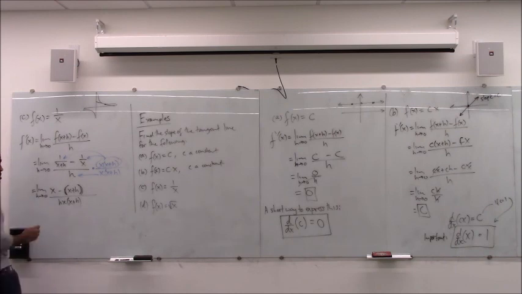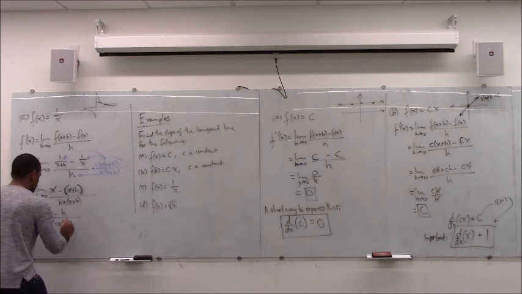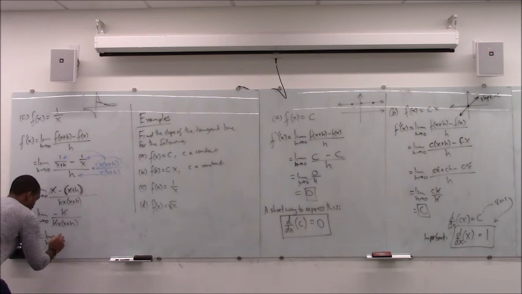Never expand the denominator. Now the x's are going to kill each other, we're going to have minus h left over. Now the h's cancel. I'm going to have minus 1 over x times x plus h.